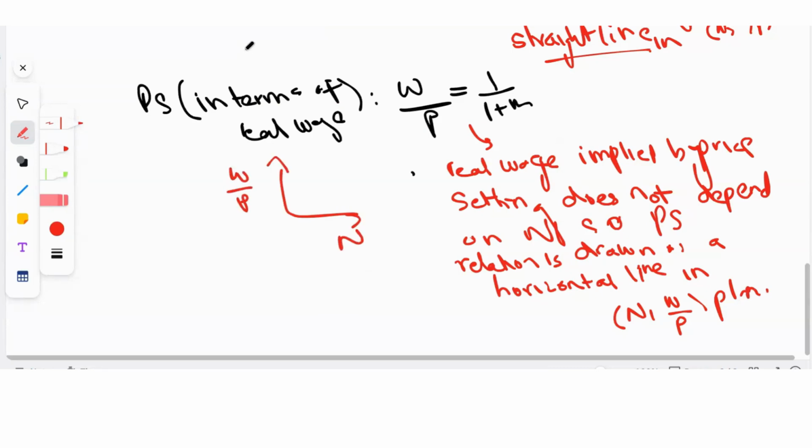It's a horizontal line because the real wage implied by price setting does not depend upon n. Regardless of the level of n, this is always going to be 1 by 1 plus m. And the reason it's a horizontal line is because W by P is on the vertical axis. That's why it's not a vertical line. So at this level of real wage, 1 by 1 plus m, the price setting curve is a horizontal line.